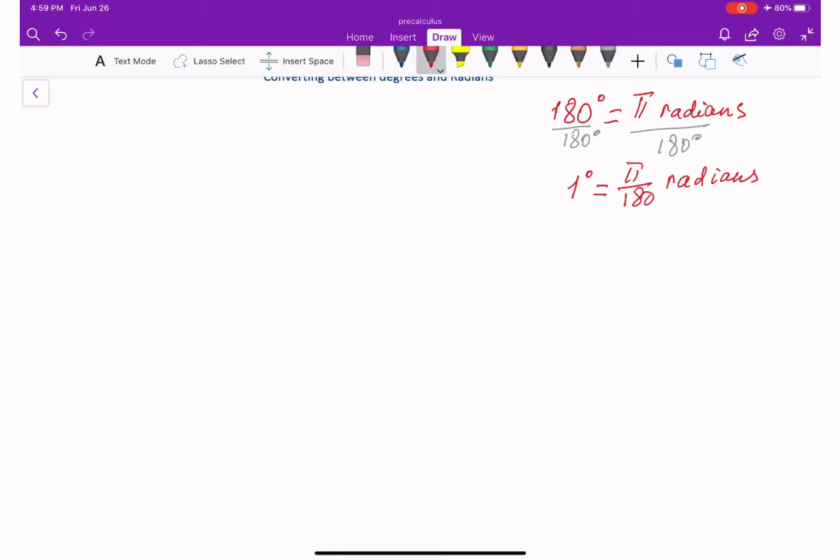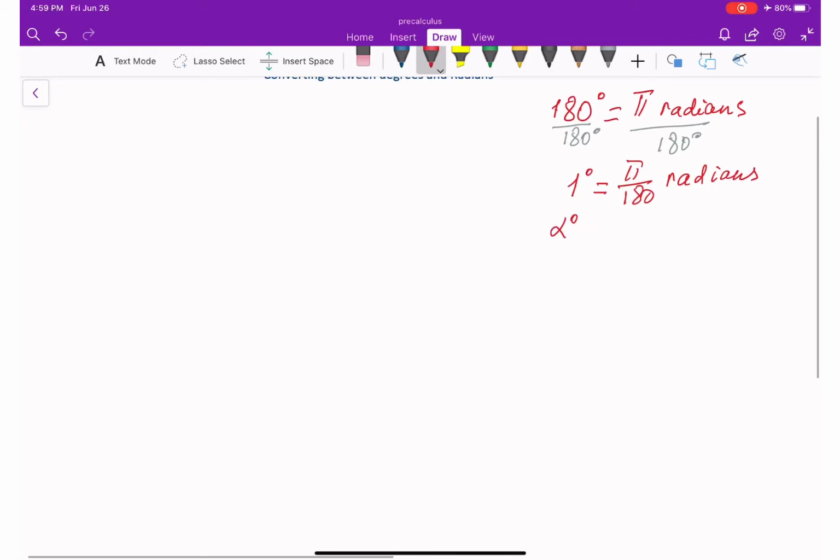So, which means for alpha degrees, any alpha degree, we're going to have alpha times pi divided by 180 radians.